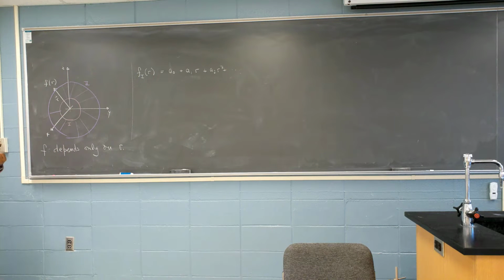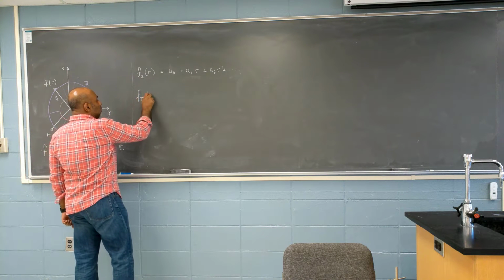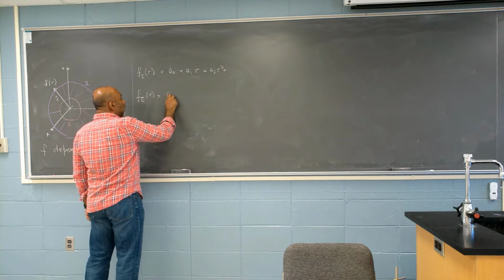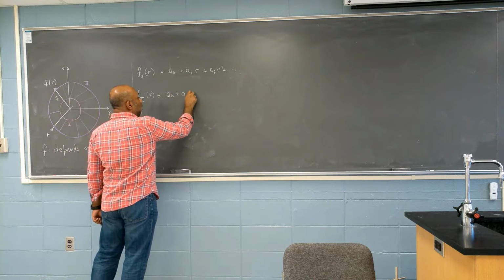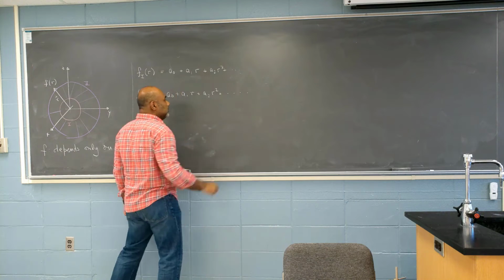R equals 0 is not included. R equals infinity is not included. And so, you would get a full expansion, a1 r, a2 r squared, all the way.